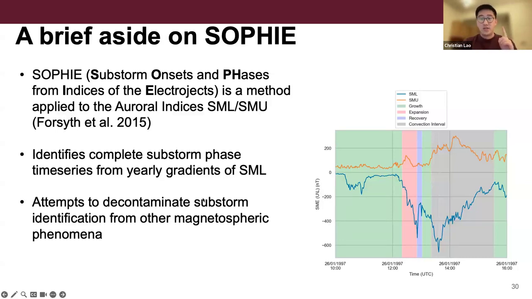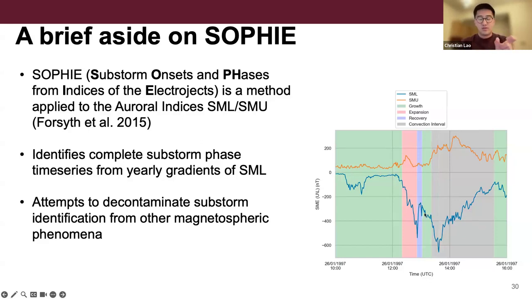It does this by leveraging the SMU index, flagging intervals where there's a comparative increase in SMU as a decrease in SML as enhanced convection intervals. So on the right here is just an example time series where I've labeled each phase of the substorm. SOPHY has evaluated the first period in green as growth, then the SML bay here as expansion phase, the subsequent increase in SML as a recovery phase.